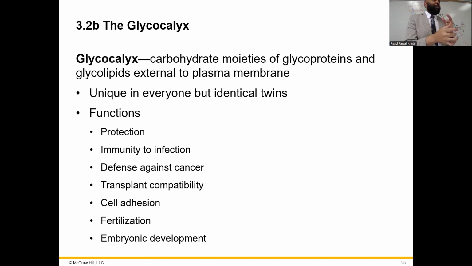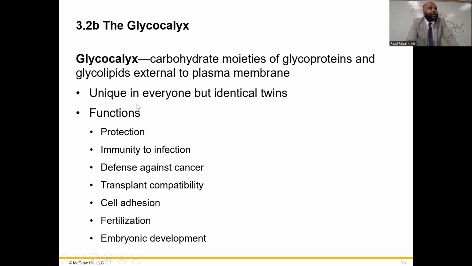That is like our fingerprint. That's what makes you self. That's what makes you recognizable. So why do we have glycocalyx? Glycocalyx are carbohydrate moieties of glycoproteins and glycolipids external to the plasma membrane. So they are unique in everyone, but identical twins. So identical twins have the same glycocalyx.